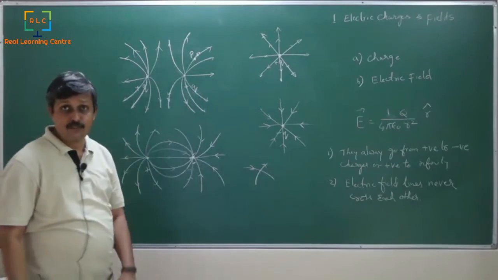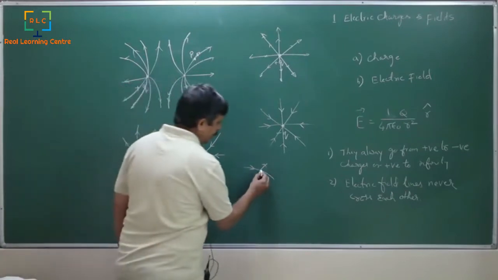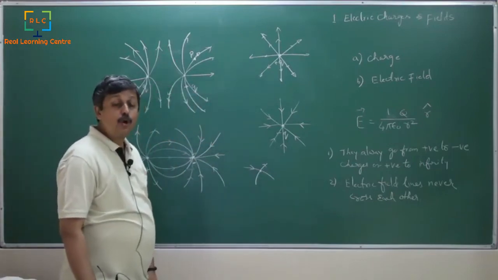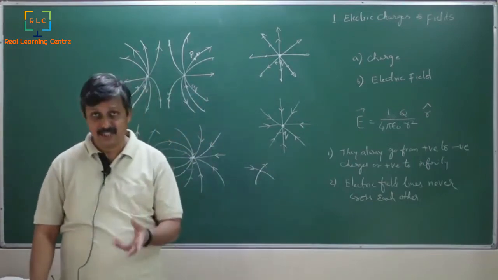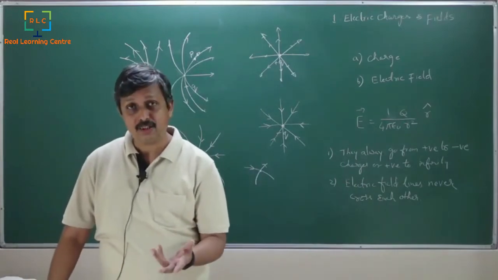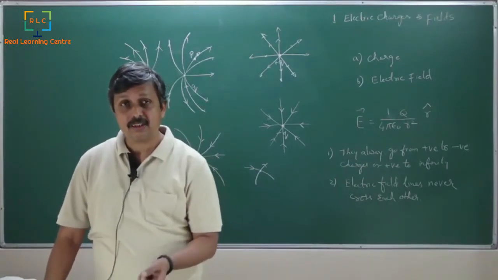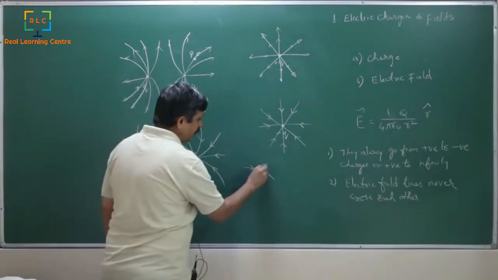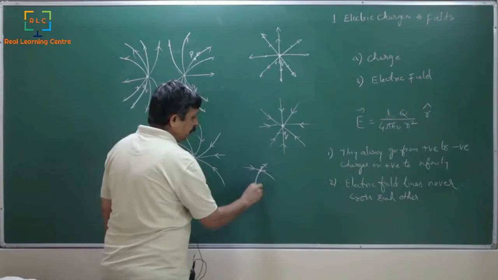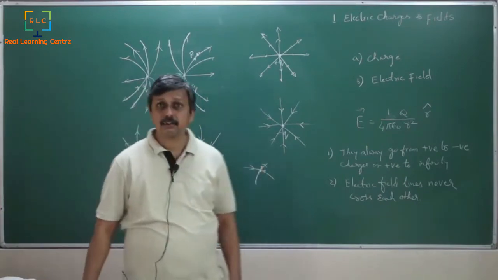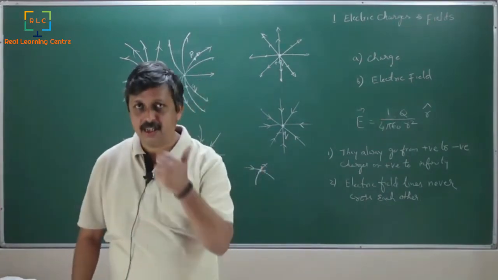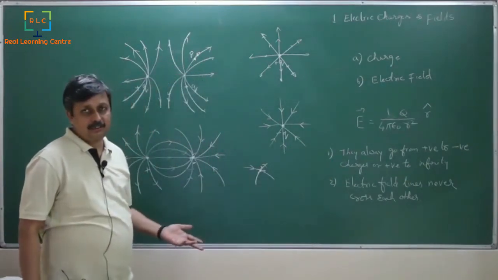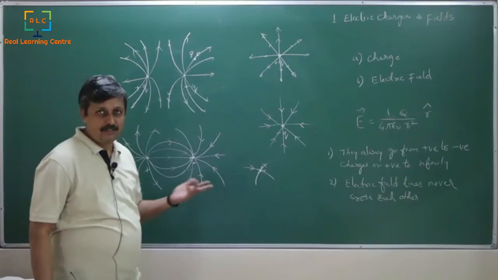If you want to find the electric field at this crossing point, its magnitude is fine, but its direction: this curve has this direction and this curve has that direction. Now it has two directions, but it can only have one direction. So that means field lines cannot cross each other. That is the second important rule.